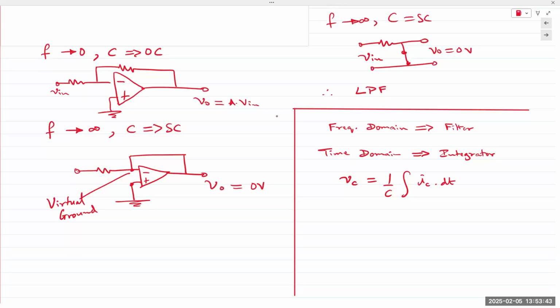So when you take the output V out and analyze the circuit in the time domain, V out will turn out to be an integral of V in. So the same circuit performs mathematically as an integrator. If you apply a sine waveform to this, you'd obtain a cosine. Applying a cosine, you get sine. If you apply a square waveform as the input, you obtain a triangular waveform at the output. So it works as an integrator.